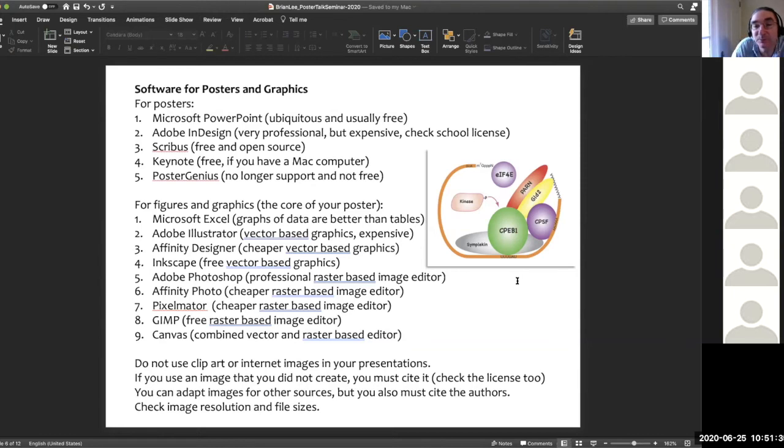So if you include a lot of pictures on your poster, you need to be careful about the resolution of each of the images, because you don't want the poster to be 500 megabytes in size, which gets a little bit cumbersome to work with and to transfer over for printing. So you need to pay attention to those.